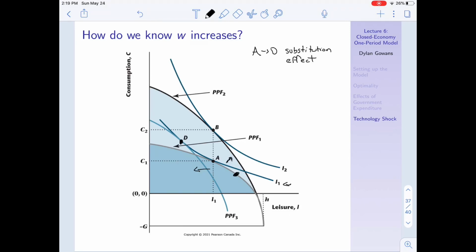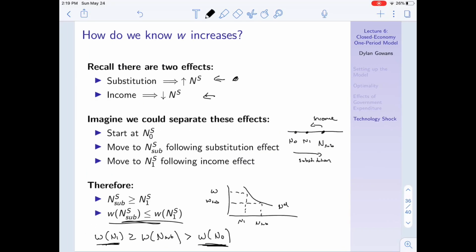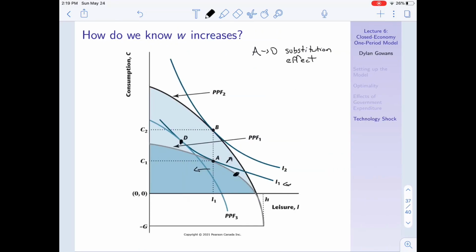So now the next part of my proof is I have to show you that the wage at that point, W sub, is greater than the initial wage. How do I show that? Look at the following. What was the wage at the initial point?